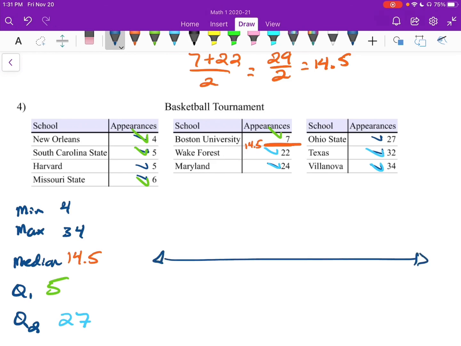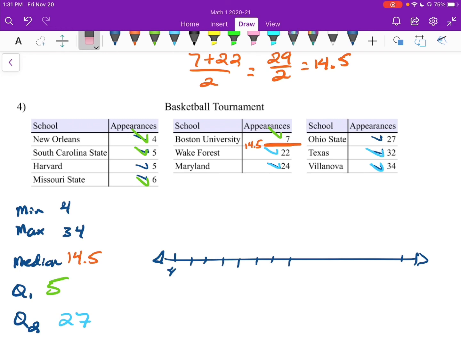We're going to start off with 4, and we need to go all the way up to 34, so I'll say, well, 4, 6, 8, 10, 12, 14, 16, 18. That's going to take too long. What if I count by 4 each time?